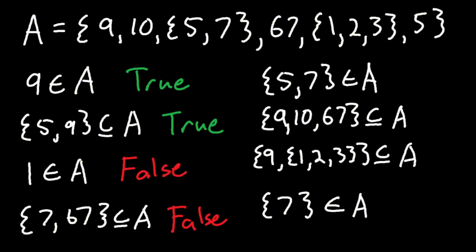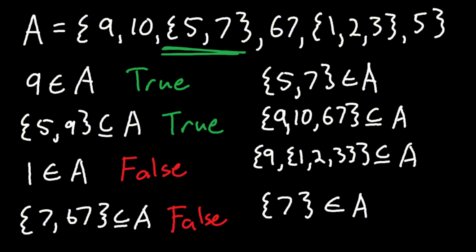Let's take a look at these two. What? I can't count now? These 4 new problems. Okay? So, we have {5, 7}, and we're asking if this is an element of set A. Is {5, 7} an element of set A? Well, remember what I said. Cardinality counts the amount of unique elements.